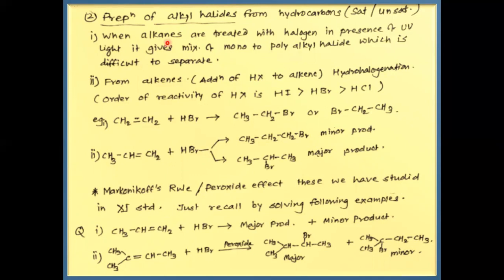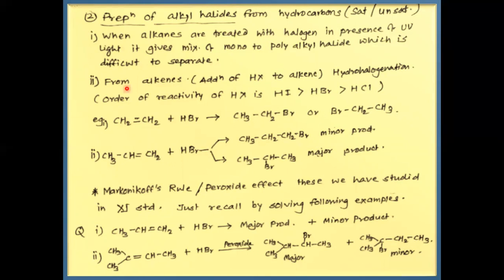This method we have already seen in 11th standard. Here this method is not useful because the desired alkyl halide is not obtained, as a mixture of mono, di, tri or polyalkyl halides is obtained.